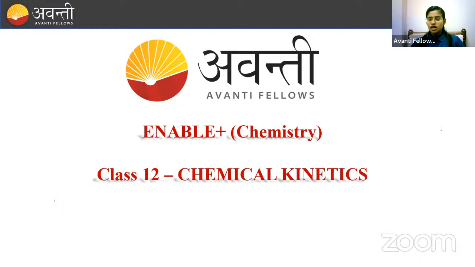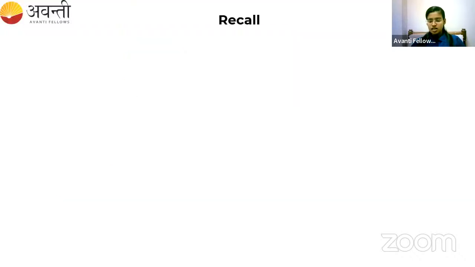Let's start with our chemical kinetics. In the previous class, we discussed the integrated rate equations and the half-life formulas for first order and zero order reactions. Let me recall the concepts with the formulas.